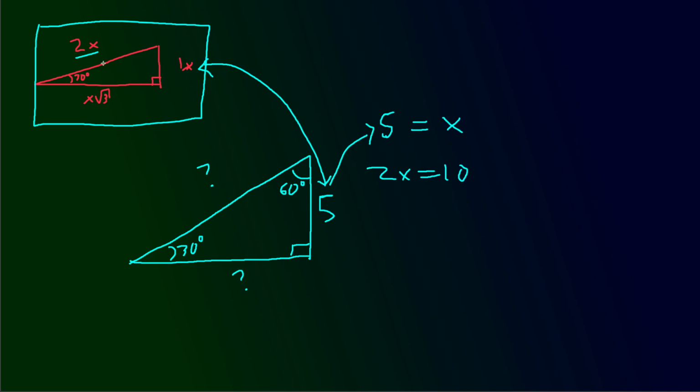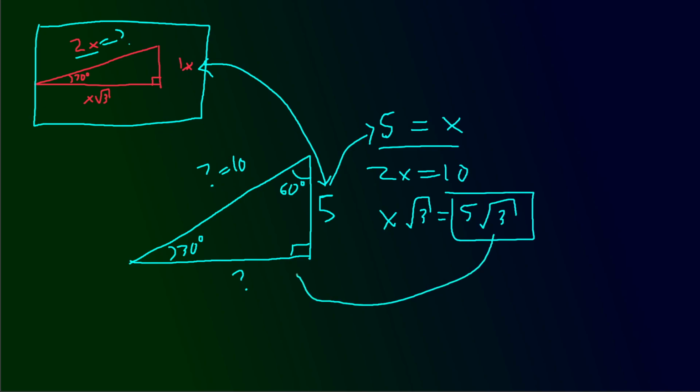And then we figured out that this other side we want to know is 2x, so we just multiply by 2, and we get 10. So this side's 10. And then the bottom side is x√3. So x√3, well, x we got was 5, so 5√3 must be what this side is. I hope this is starting to make sense.